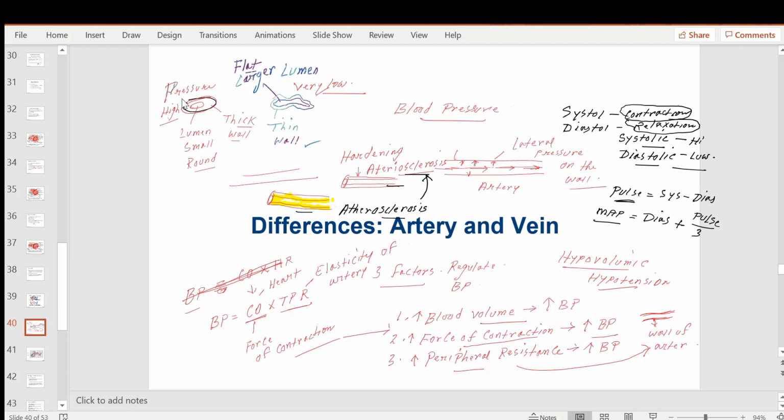So if your systolic is 90 and diastolic is 60, the pulse pressure is 30. Make sense? And now MAP will be 60 plus 1/3 of pulse pressure. That means 10, right? So 60 plus 10 is 70. Okay, so that's how we calculate the blood pressures, the pulse pressure and mean arterial pressure.